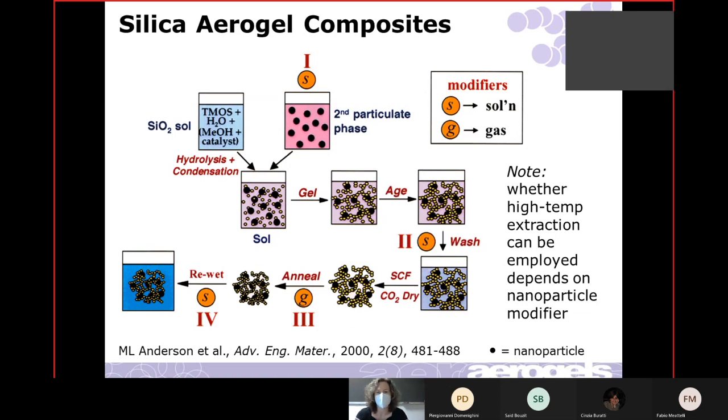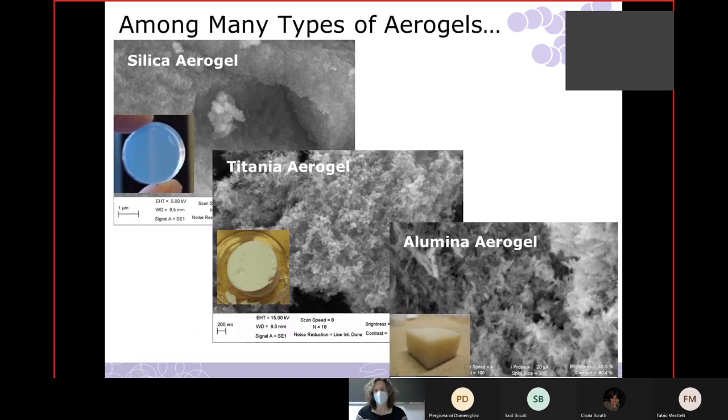Okay. There are many different types of aerogels, and I'm not showing all of them. I'm showing three that we've made with some SEM images here. You can see some of the porous structure in these. Aerogels are actually very difficult to image with scanning electron microscopy because of their insulating ability.